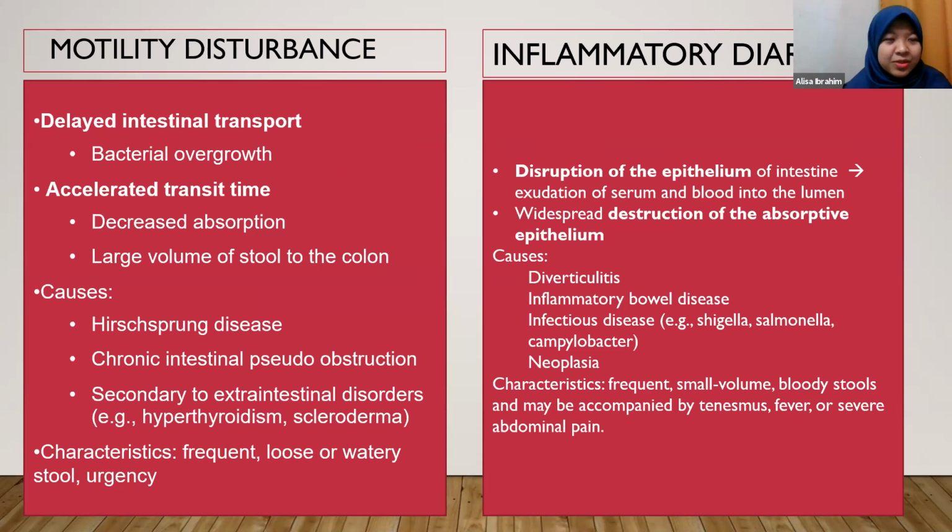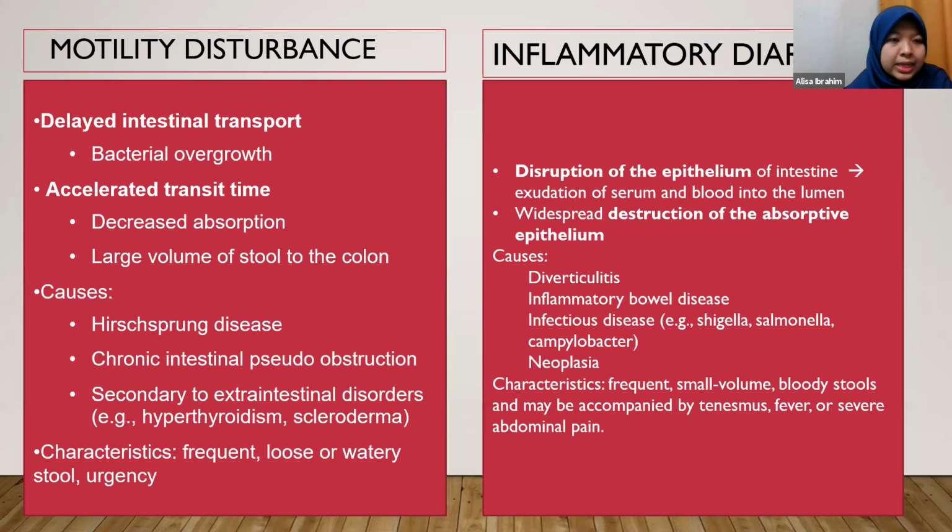So for diarrhea caused by motility disturbance, it can occur due to hypomotility or hypermotility. Hypomotility can cause delay in intestinal transport and stasis of the feces, and the stasis of the feces can cause bacterial overgrowth.